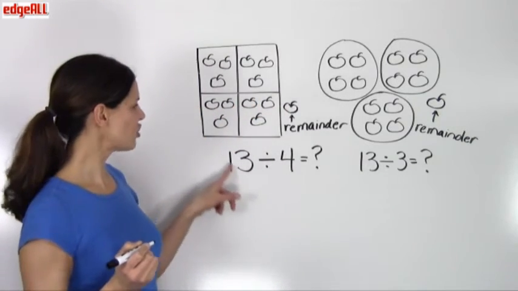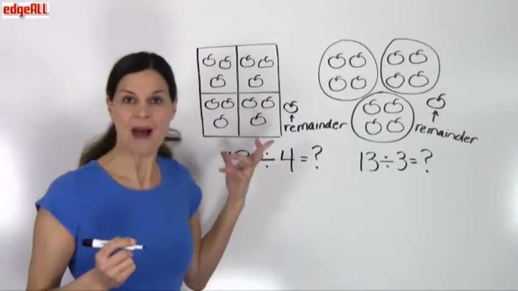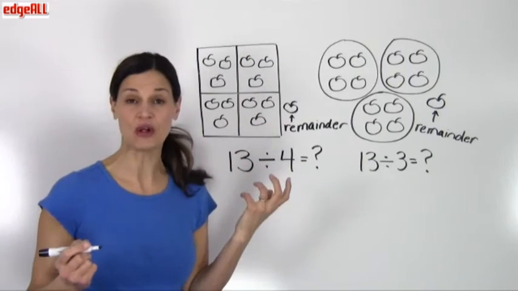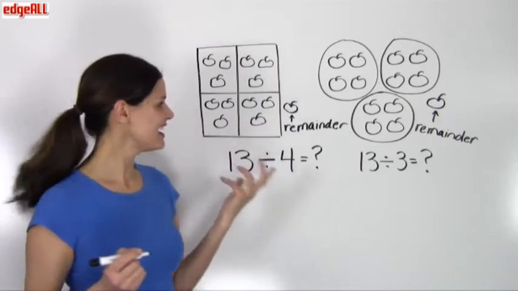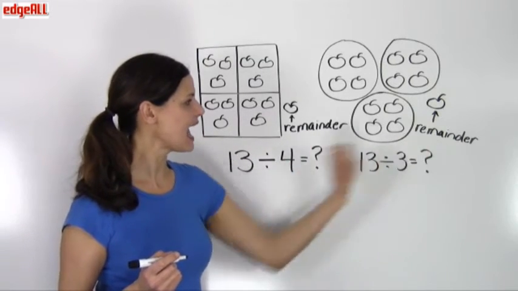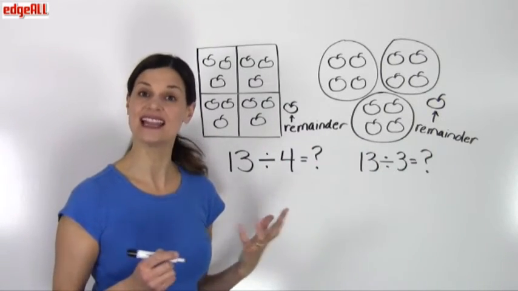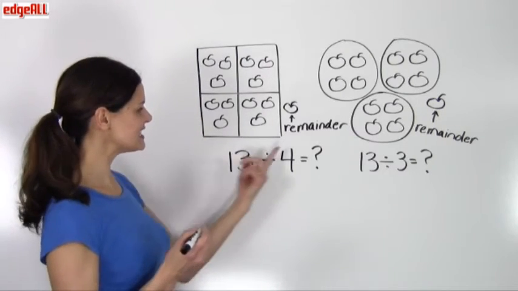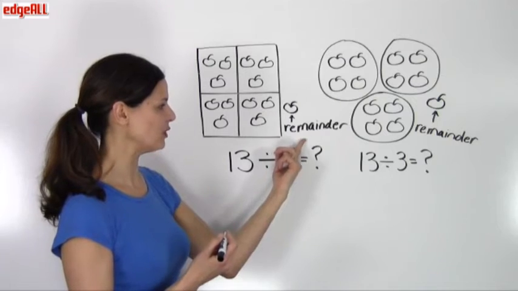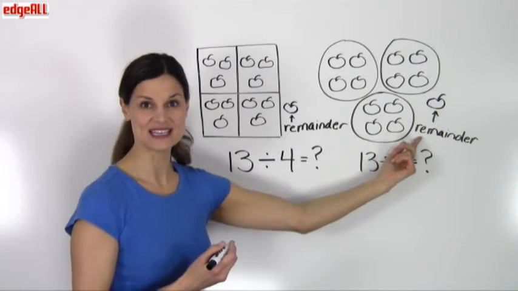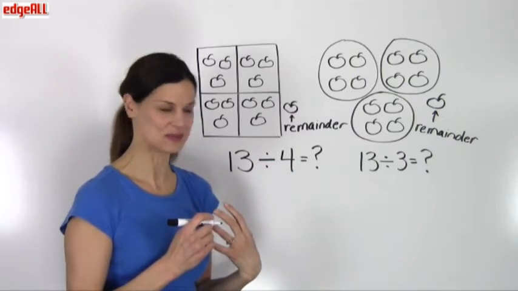So instead of trying to cram that apple into one of the groups that's already full, which we can't do, we simply set it aside and acknowledge that it's just an extra. Another way of saying it is that this is the remainder apple after dividing up all the apples into evenly sized groups.